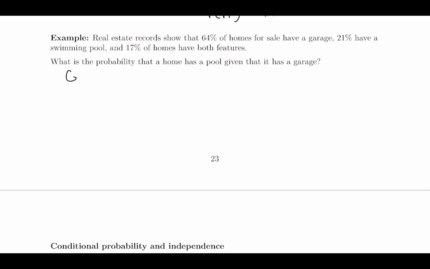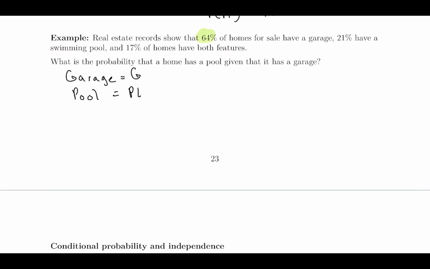So for garage, we'll set this as G. For pool, I'm going to use PL instead of P because it might get confusing since we already have P for probability. Okay, so let's look at the 64%.